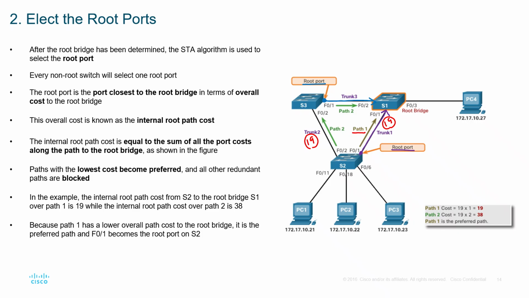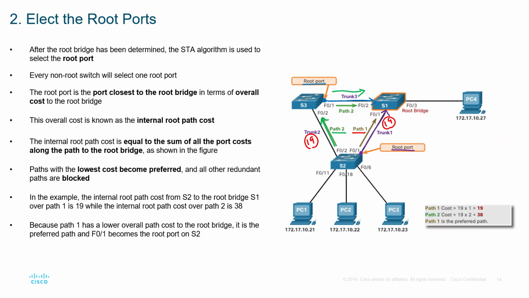If I were to go via path 2, I would go from here to here for 19, and then through here for another 19.